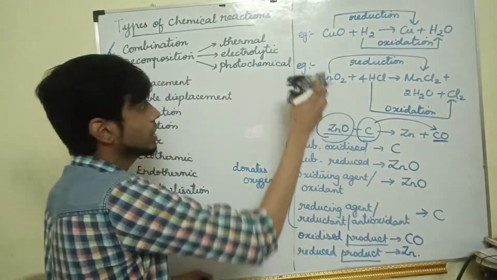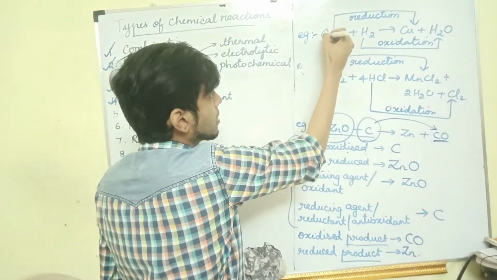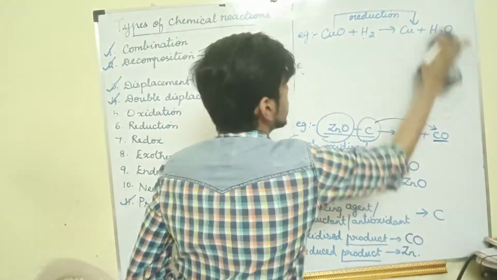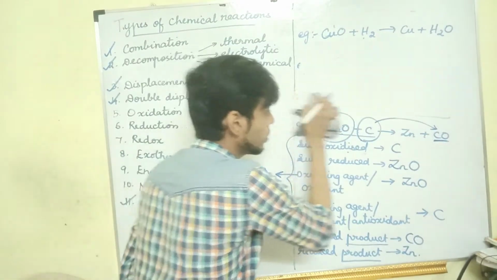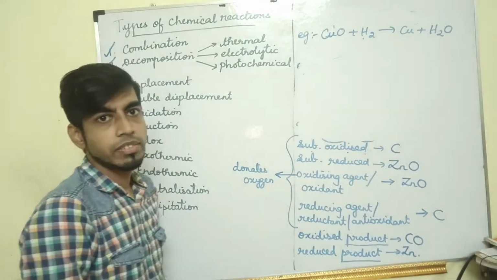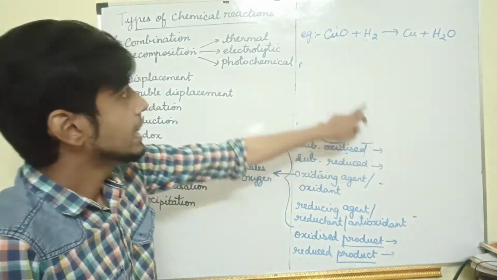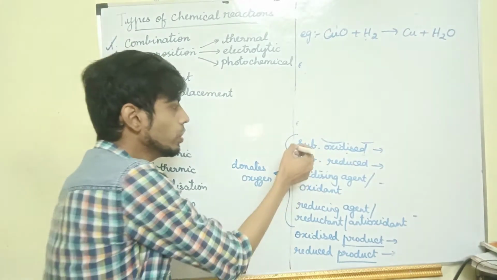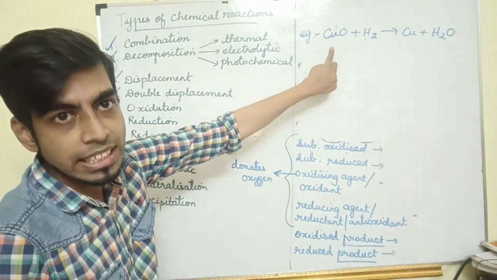I'll give you one more equation. For this equation we will find: CuO plus H2 gives Cu plus H2O. We will find which is my substance oxidized and substance reduced. Copy it down fast, then we will find out. First we will write the oxidizing agent. I told you all four things you have to write from the reactant side.